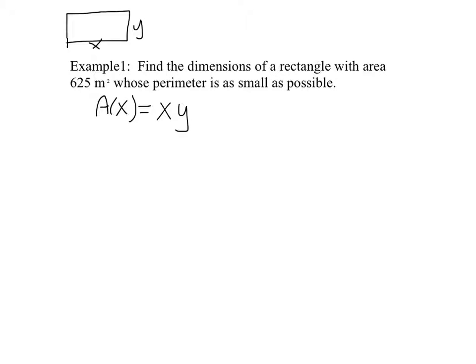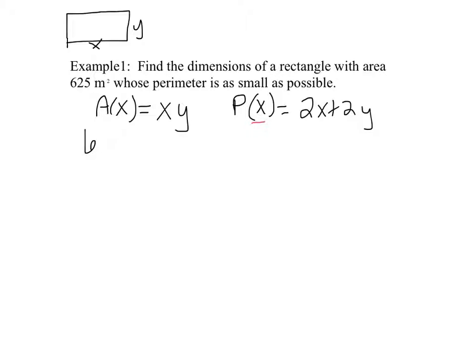We are trying to minimize the perimeter. This should look very similar to section 4.1, the things that we did there. The perimeter is going to be 2x plus 2y using our perimeter formula. But notice, I've written this in terms of x. We don't want this in terms of y, so we're going to have to do some substitution.